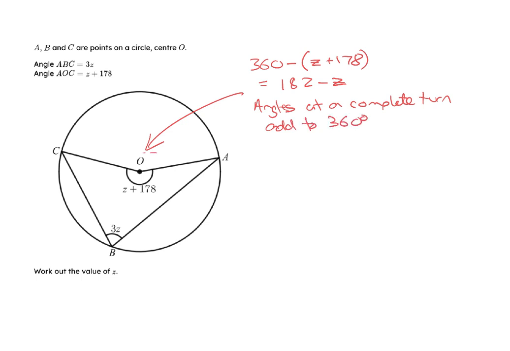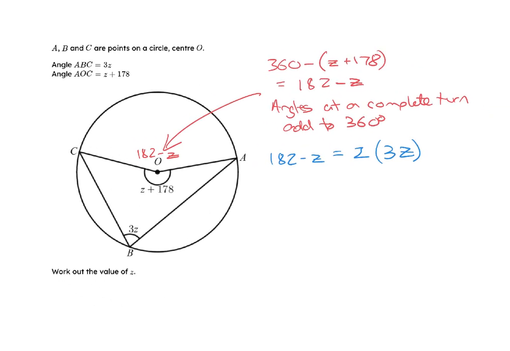So that's my reason, that's my calculation. So I know that this is 182 minus z. Now, as I said, this angle here is going to be twice this angle here. So I can form an equation for that. I can say that 182 minus z is equal to twice the angle at the circumference, which is 3z.